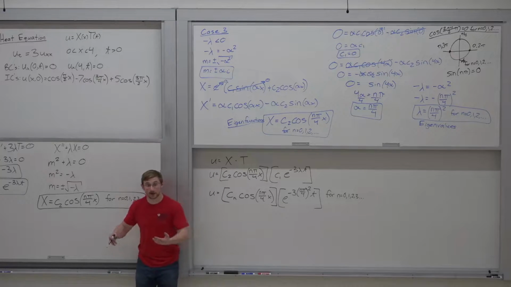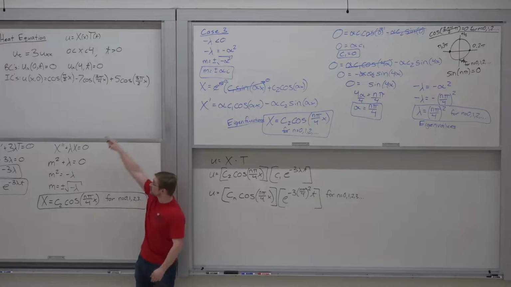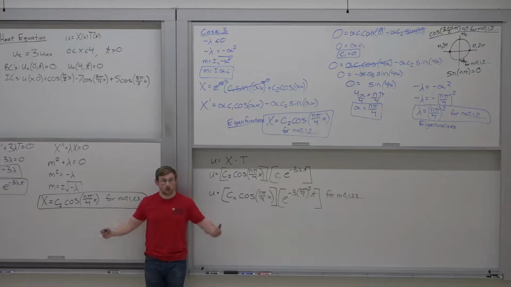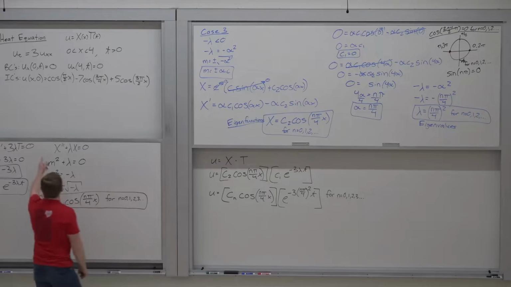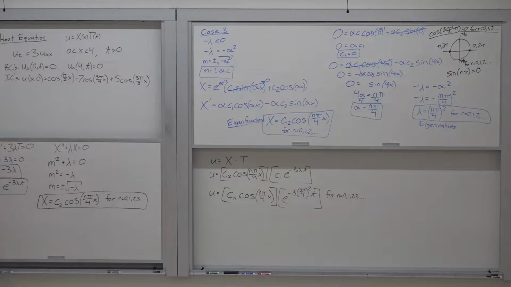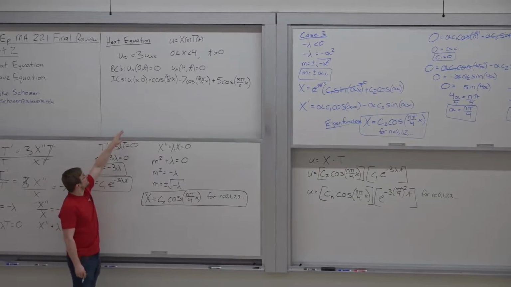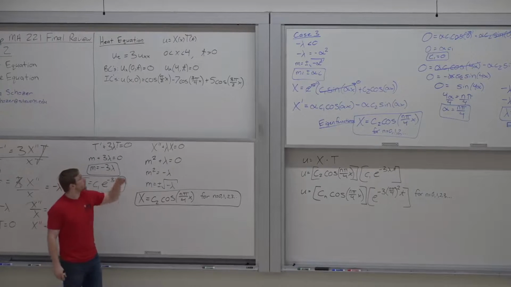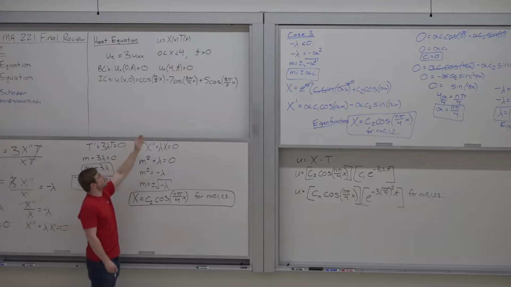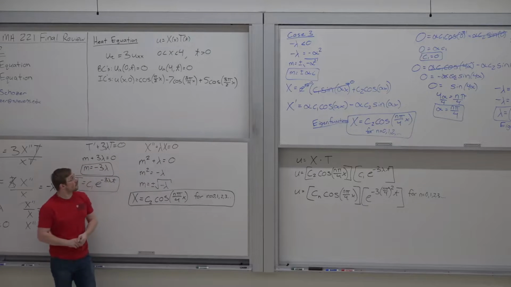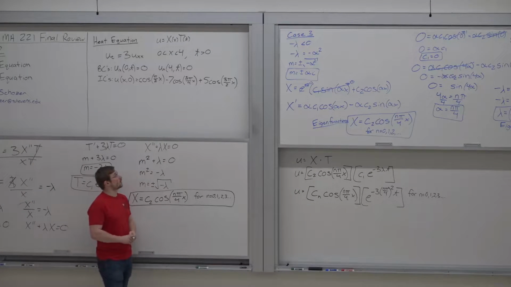Now the last thing I need to do is use my initial condition to figure out what those constants are. The initial condition says that my function u, where x is just a variable but t is equal to 0, equals cosine of pi over 2 times x minus 7 cosine of 3 pi over 4 times x plus 5 cosine of 3 pi over 2 times x.